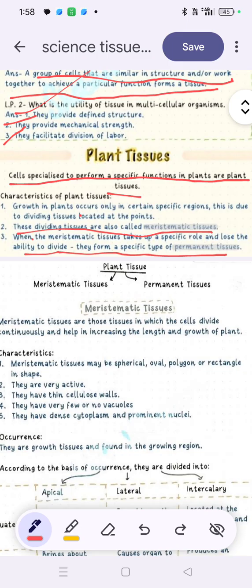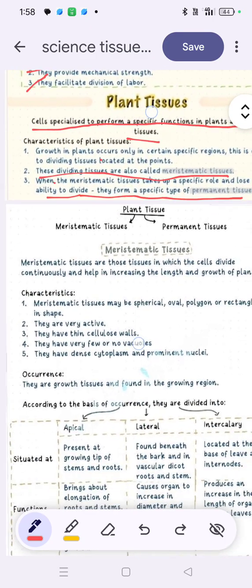Meristematic tissue is the tissue that helps a plant to grow. Permanent tissue is the meristematic tissue which loses the ability to grow. So plant tissues are meristematic tissue and permanent tissue.